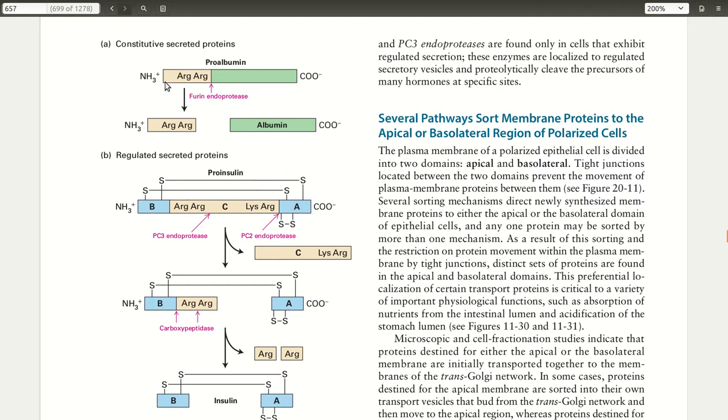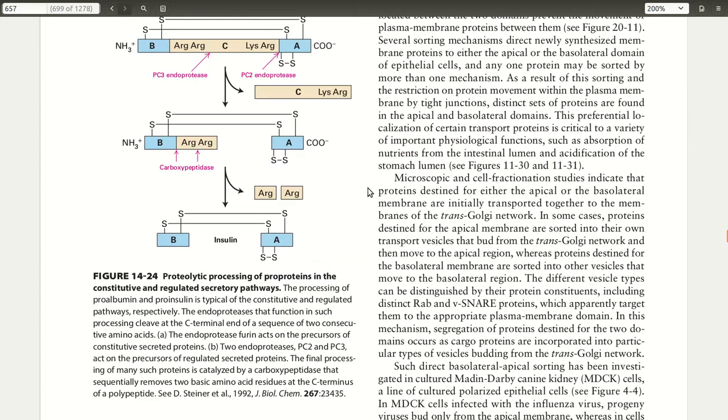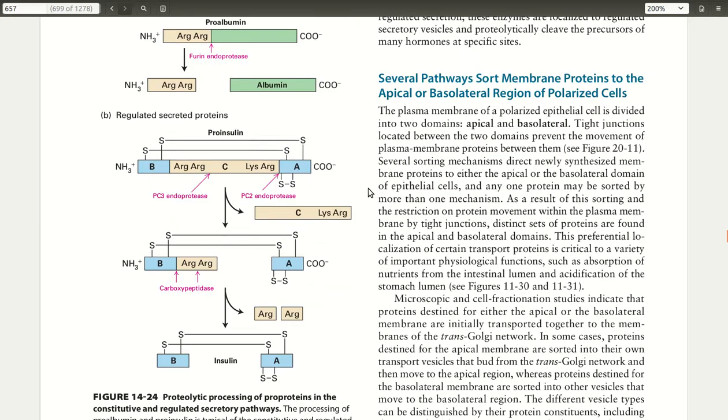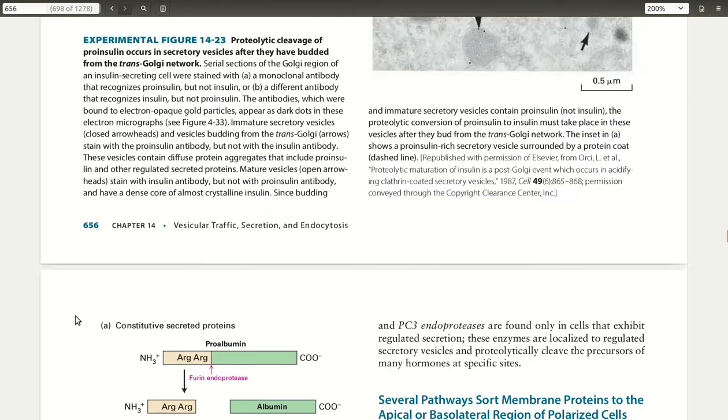And so they have to go through a lot of modification, through this proteolytic processing of proteins in the constitutive and regulated secretory pathway.